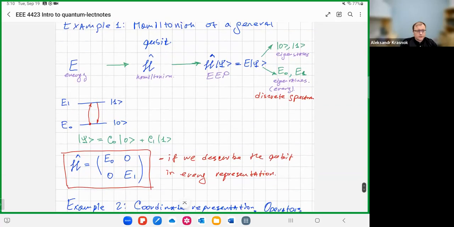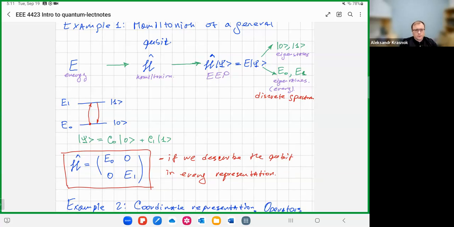We state that a qubit can have an energy, and the corresponding operator of energy is the Hamiltonian. So we introduced this operator, the Hamiltonian, and the main part of investigating a quantum system is to construct the Hamiltonian based on some approaches.